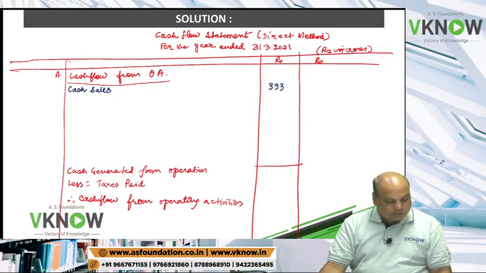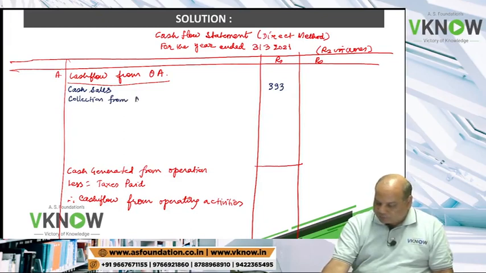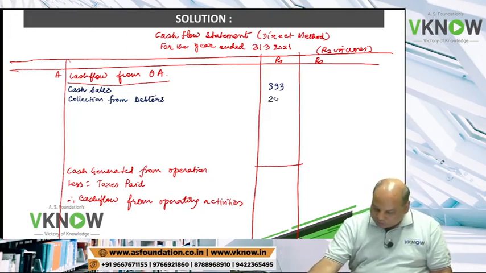Next line, receipt from credit customers total 201 crore. So I will write collection from debtors, 201 crore inflow.